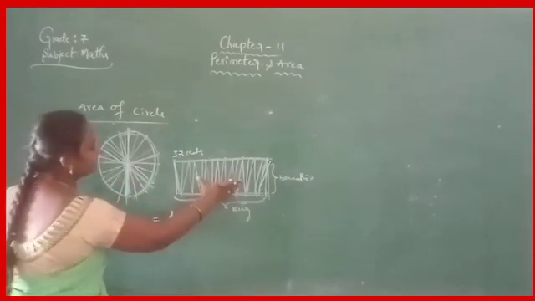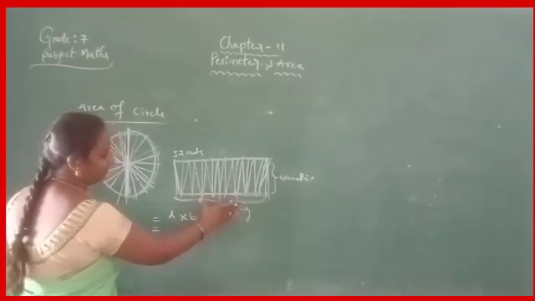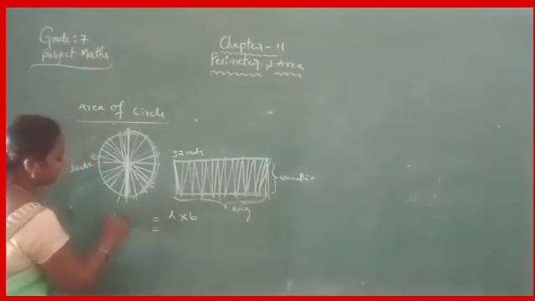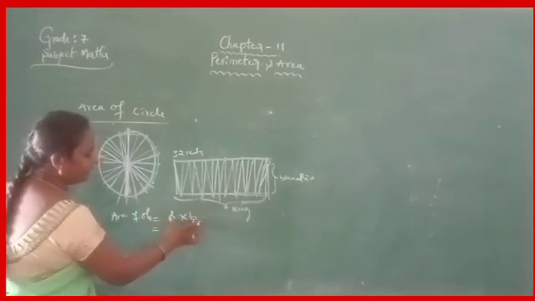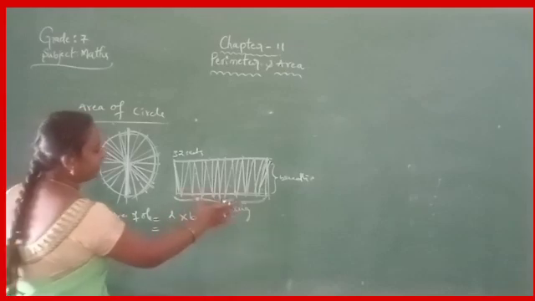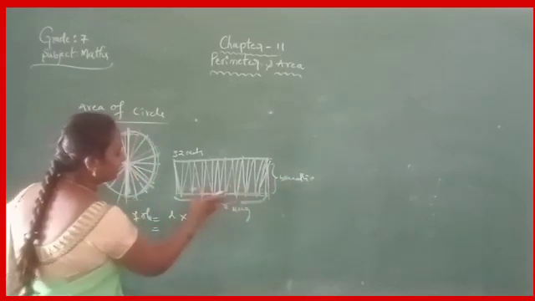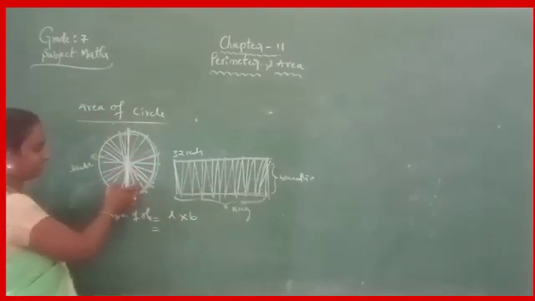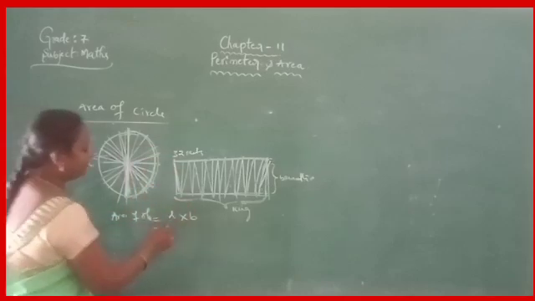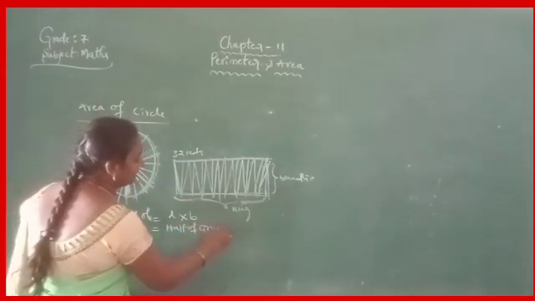These 32 sectors we arranged like this, so this is the length. Rectangle having the length and the breadth, this part is equal to half of the circumference.